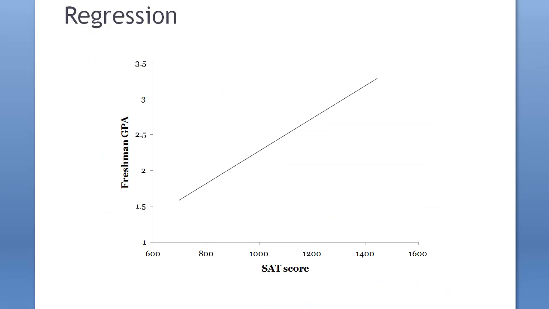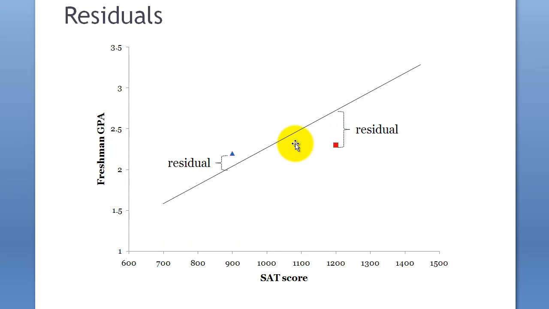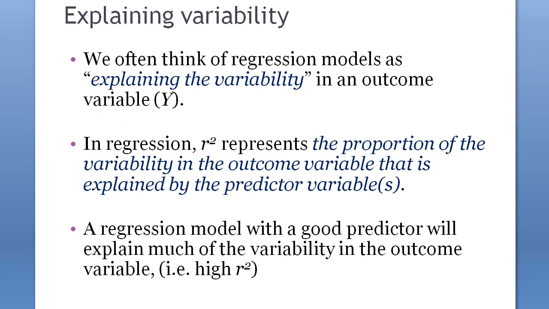If that's the case, the residuals are going to be smaller. That's what this is saying. So if the R2 is higher, then residuals are going to be small and it's a good predictor.